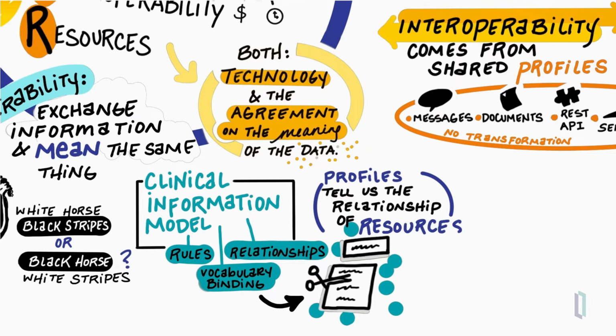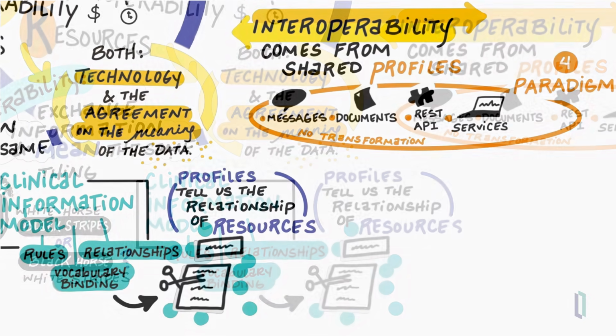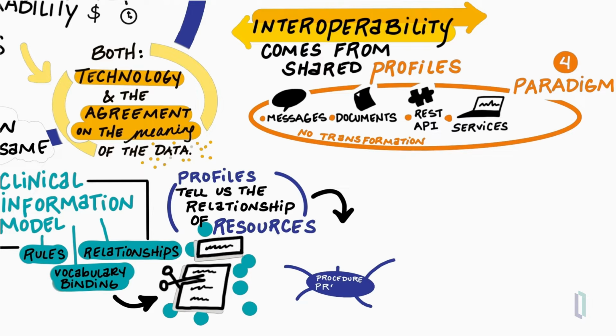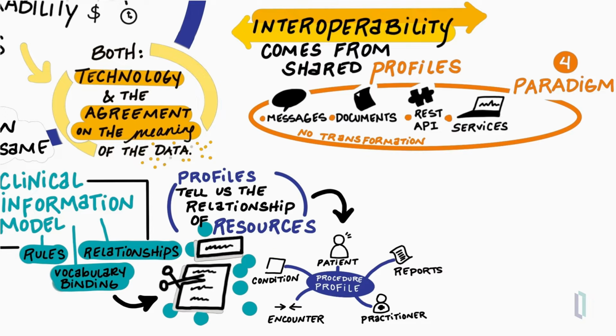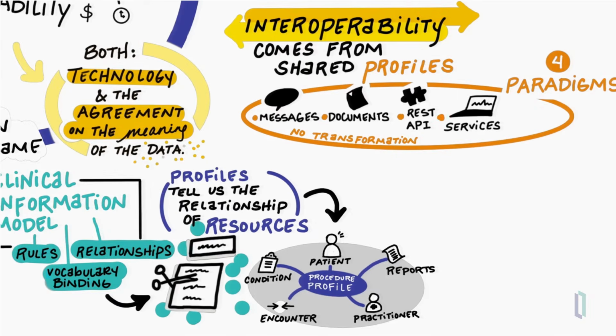So let me give you an example of how a profile or a set of profiles might be used for a particular class of use cases. And in this case, it's a procedure, and that procedure might be a lab test procedure, it might be an imaging procedure, it might be a surgical procedure. All of them have similar content in terms of data concepts, FHIR resources.